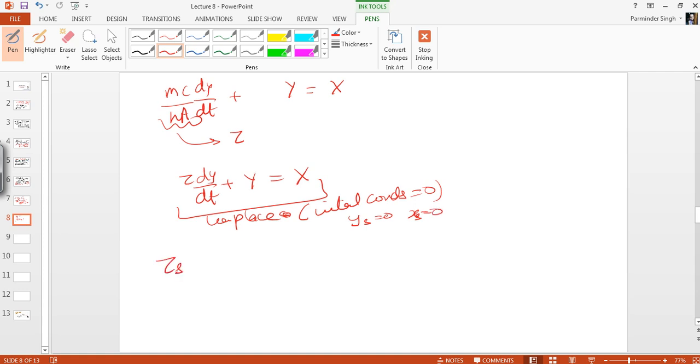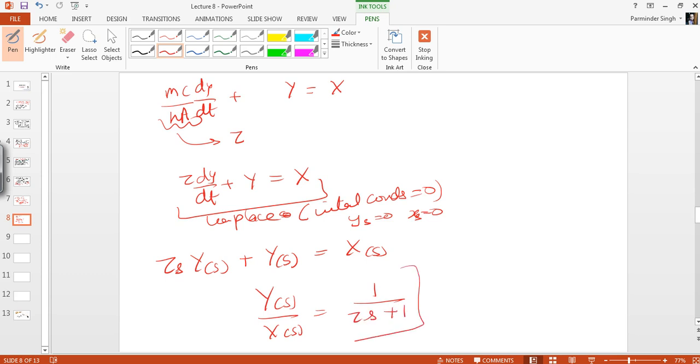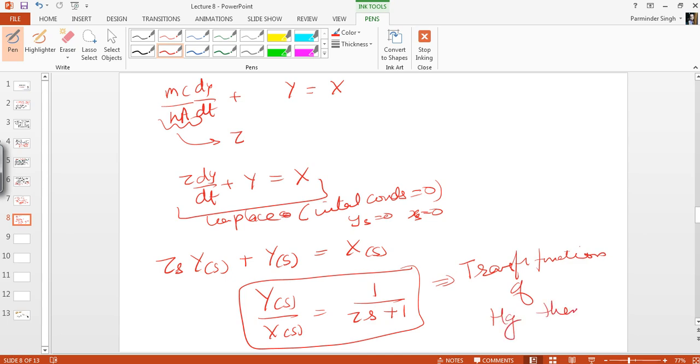We have tau s Ys plus capital Ys is equal to Xs, and upon rearranging we have Ys upon Xs as 1 upon tau s plus 1. So this is the transfer function of mercury thermometer.